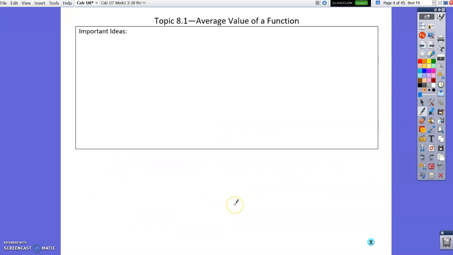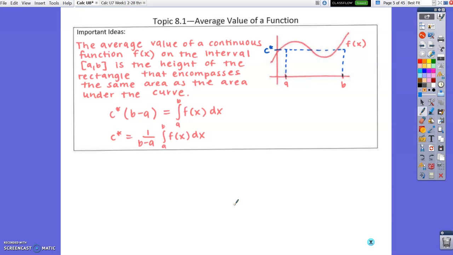Now, if you were to turn your paper over, the important ideas, so we all know this lovely box, and here is the picture. I'm going to talk, you're going to write, you can pause me anytime so I don't talk over you. The average value of a continuous function f of x on the interval from a to b is the height of the rectangle that encompasses the exact same area as the area under the curve.